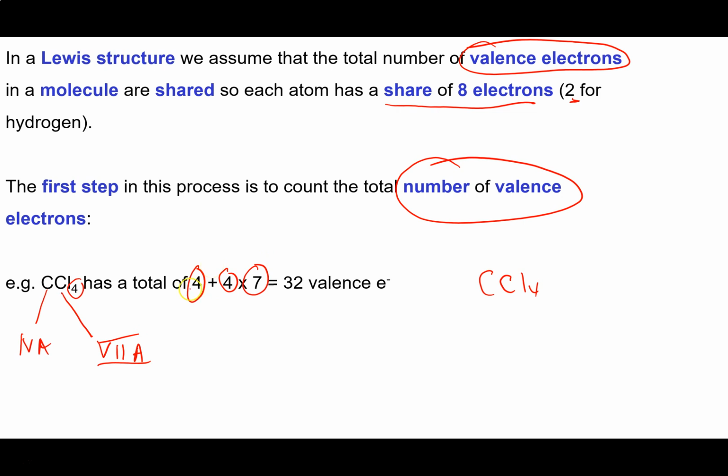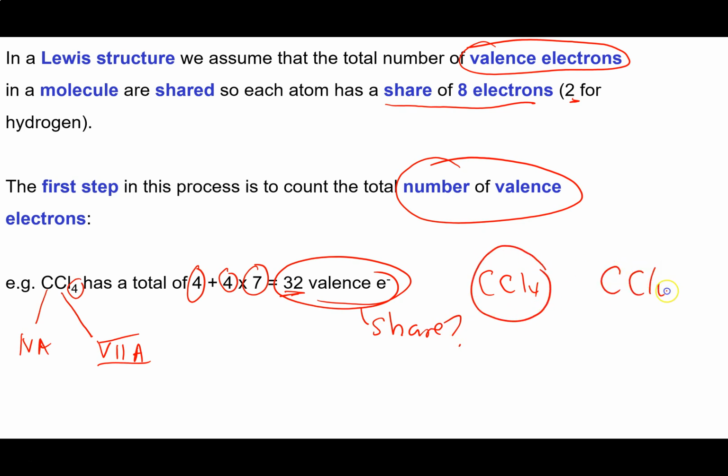So adding that together, 4 plus 4 times 7, or 4 plus 28, gives me 32 valence electrons. So what I've got to do is figure out how I share these so that each of the 5 atoms in carbon tetrachloride ends up with an octet.